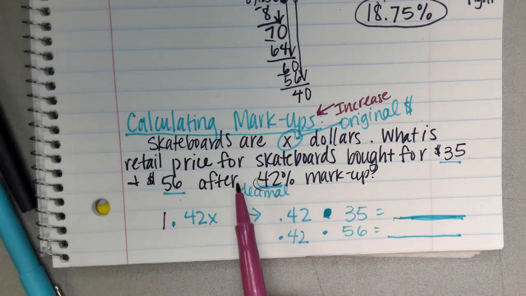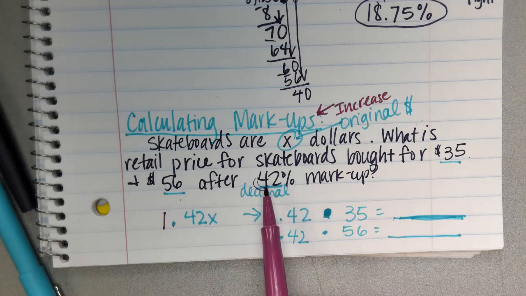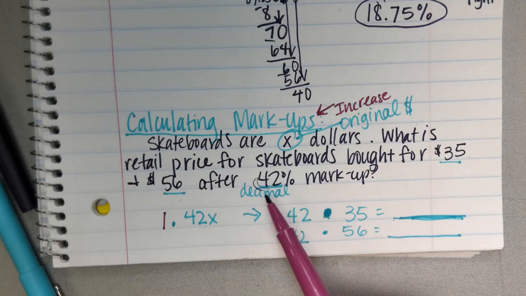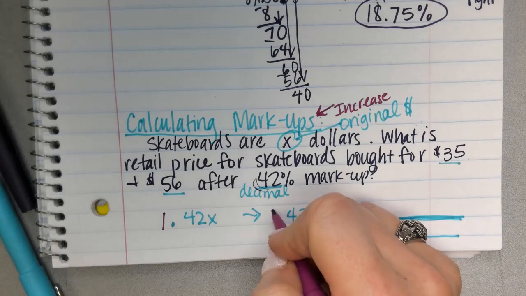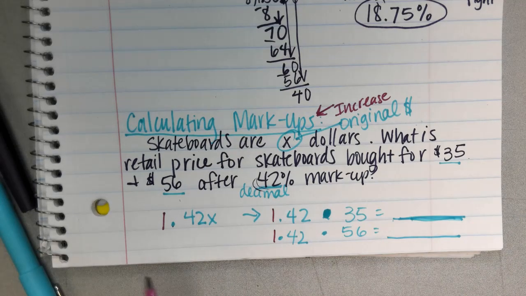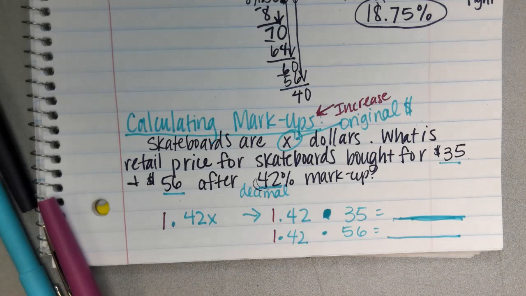You don't want to just mark it up to 42%, because that would only give you about $14 on this one. 42% of 35 is $14. So we've got to have the whole 1.42. So we're going to do 1.42 times 35.